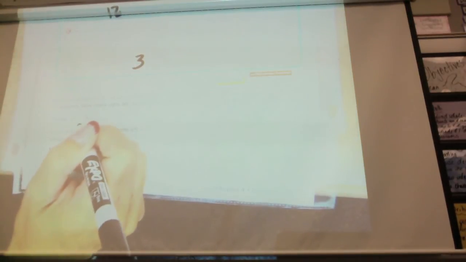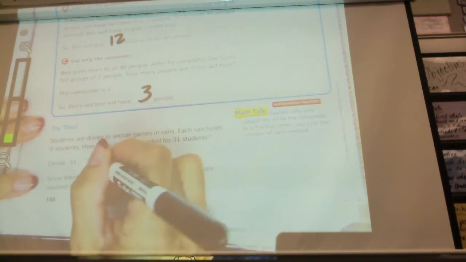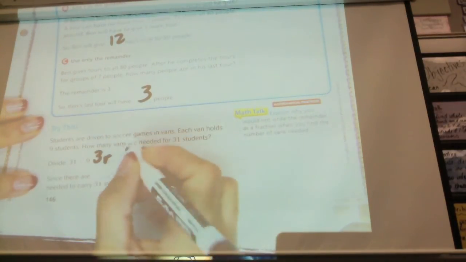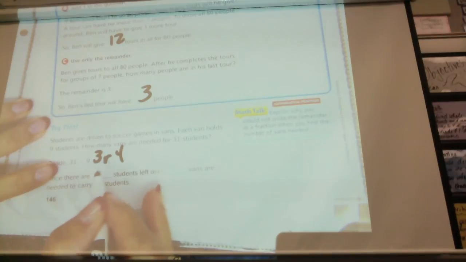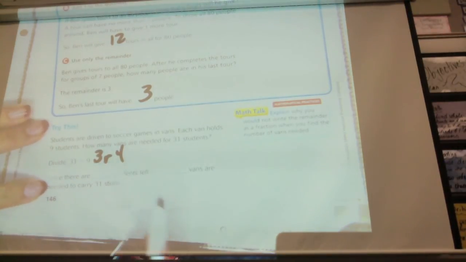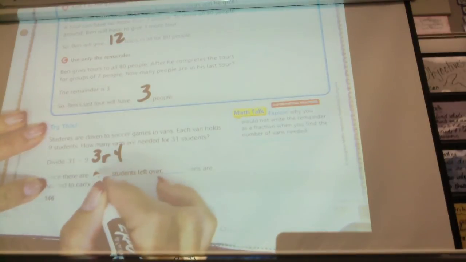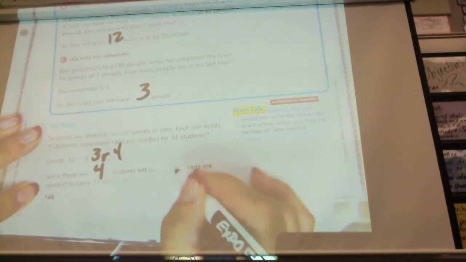So we're doing 31 divided by 9. What is 31 divided by 9? 3 with a remainder of 4, because 3 times 9 is 27, and 31 minus 27 is 4. So 3 remainder 4. Since there are 4 left over, we will need how many vans?